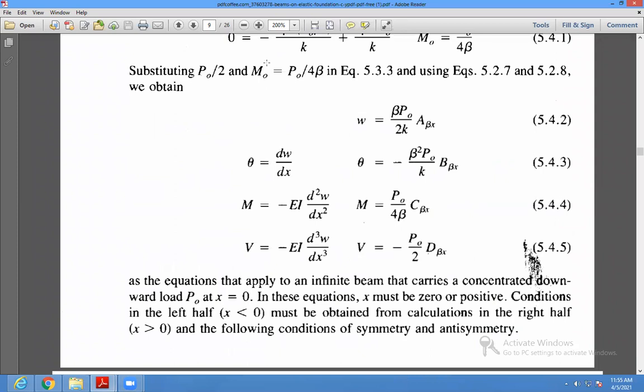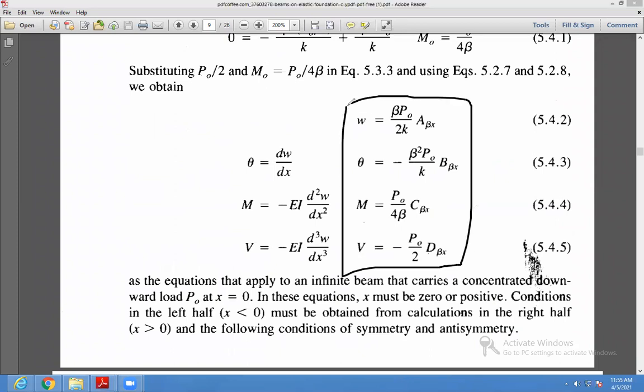Write down these equations, only equations, for W, theta, M and V: deflection, slope or rotation, moment and shear.